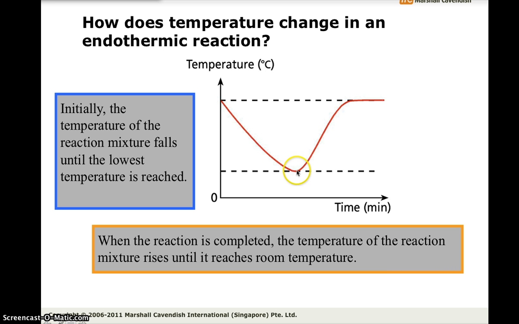In this case, this lowest temperature is way below the room temperature. Therefore, when the reaction is completed, the temperature of the reaction mixture rises until it reaches the room temperature.